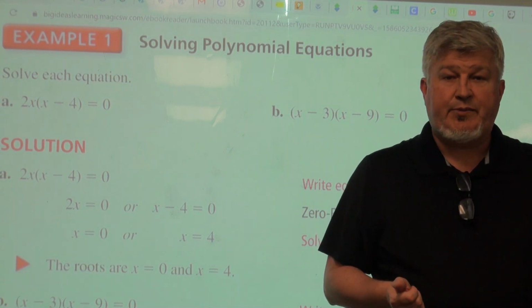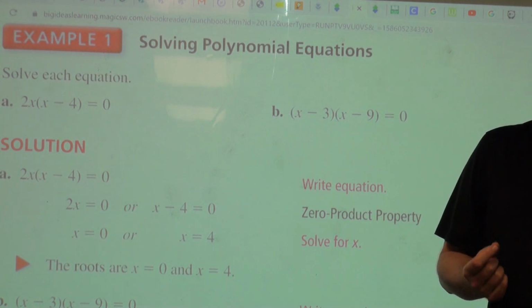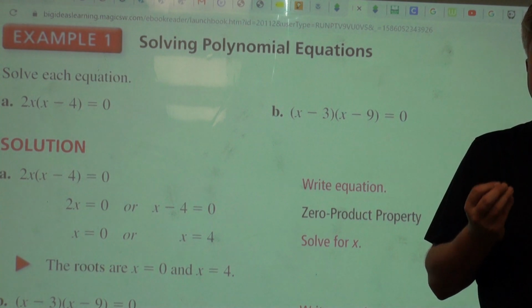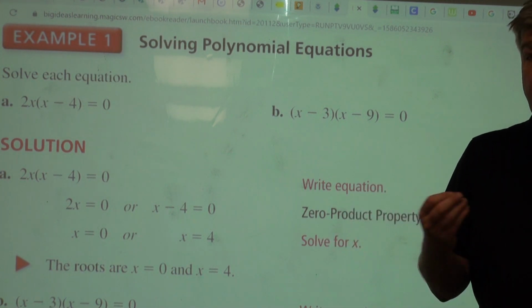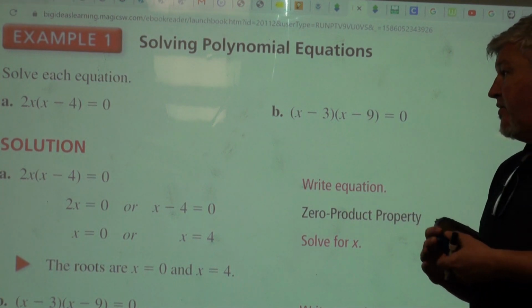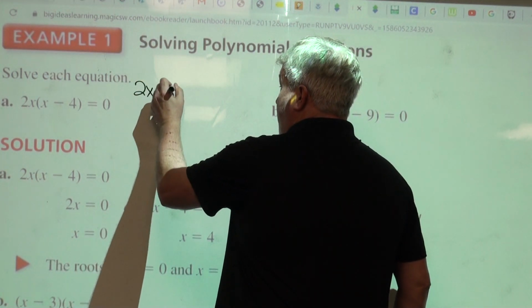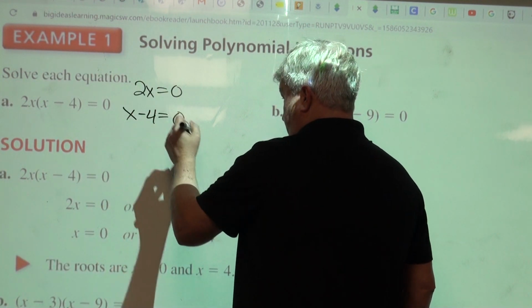By rules of multiplication, what that means is either 2x equals 0 or x minus 4 equals 0. So you set both of those terms equal to 0 and solve. You will have two options, right? So I say 2x equals 0 or x minus 4 equals 0.